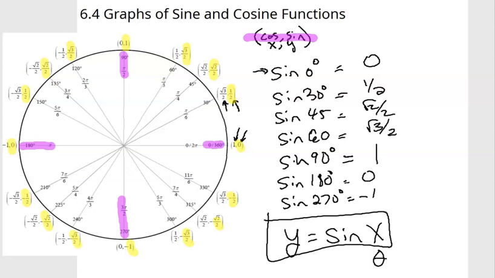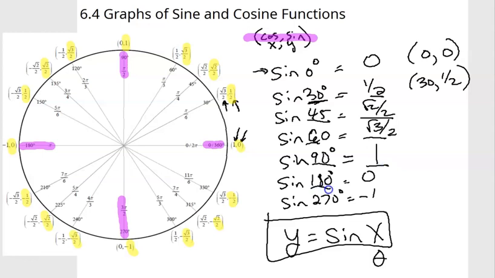When I plug in 30 degrees, that's my theta, I get 1/2. That's what I'm looking at, and I'm going to plot those. Then 45, get that, 60, get that, 90, get that, 180, get that, and those are points, and we're going to graph that function. So let's see what the sine function looks like.